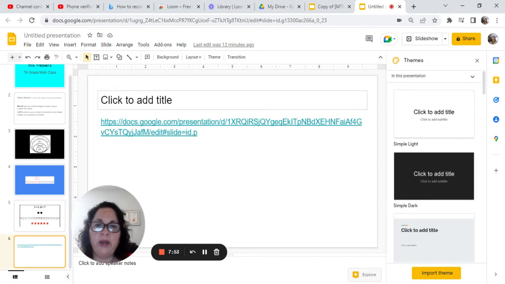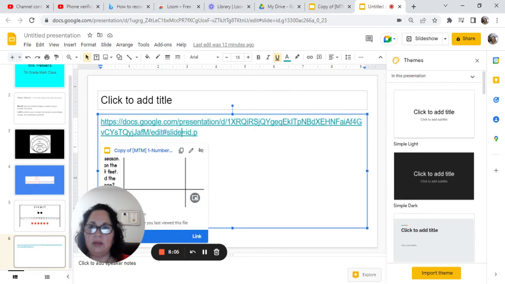All right, so here's our practice page. You have a copy of it already. We're going to look at this together. This is what we are going to accomplish today.